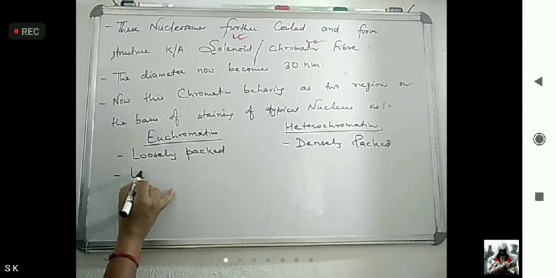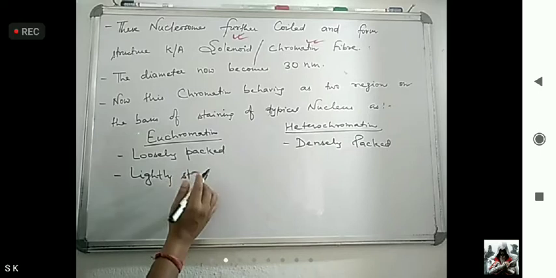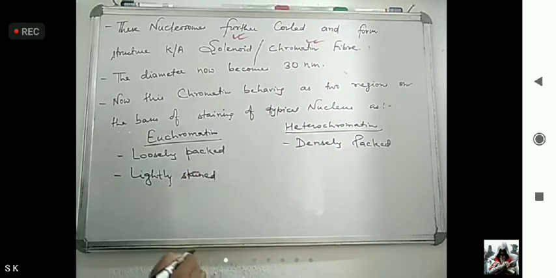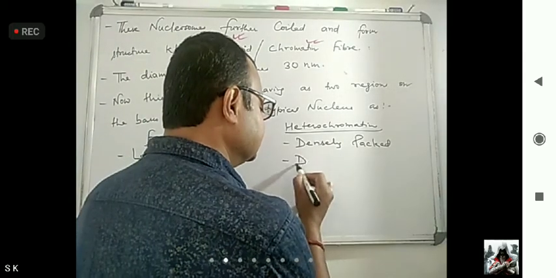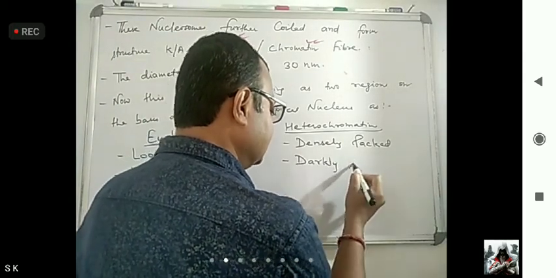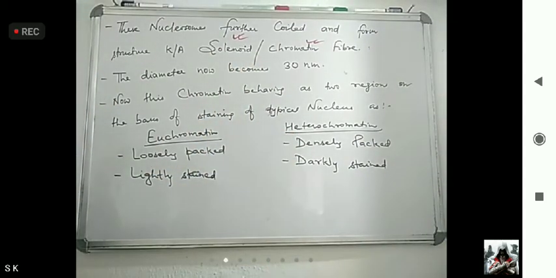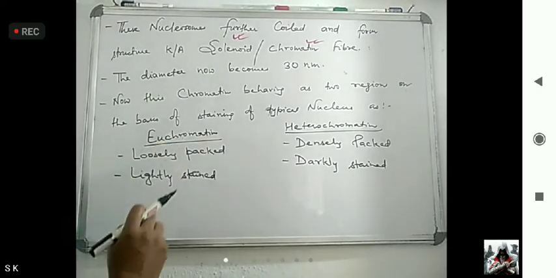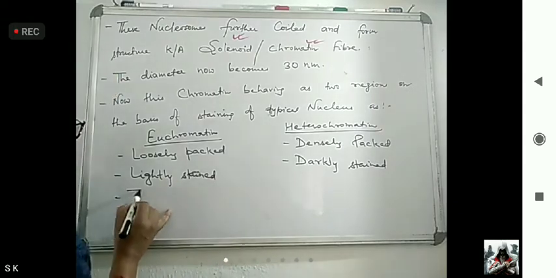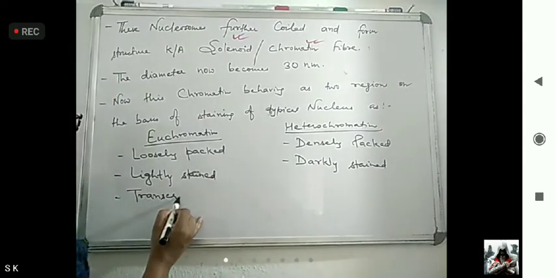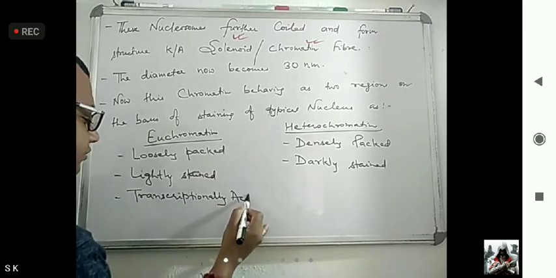If staining is applied, euchromatin is lightly stained chromatin, and heterochromatin is darkly stained chromatin. Euchromatin is useful in transcription, so it is transcriptionally active.